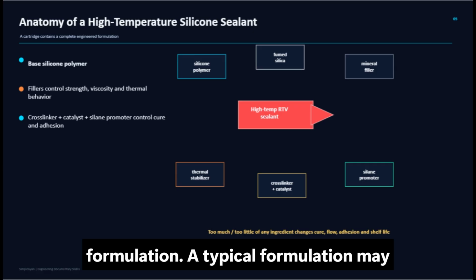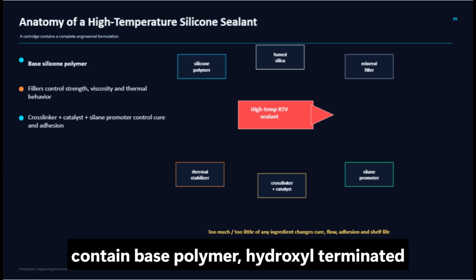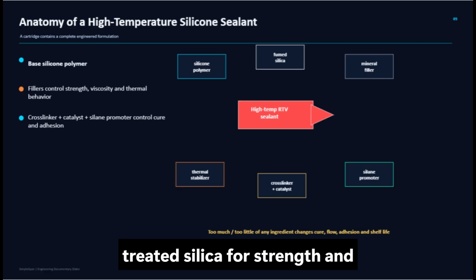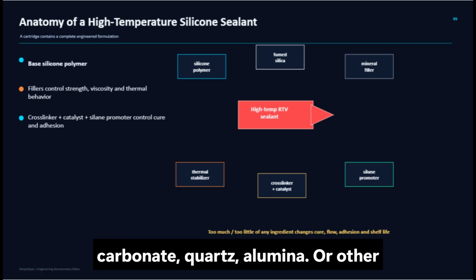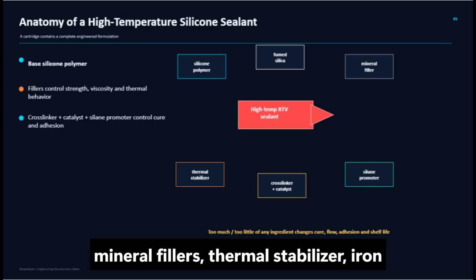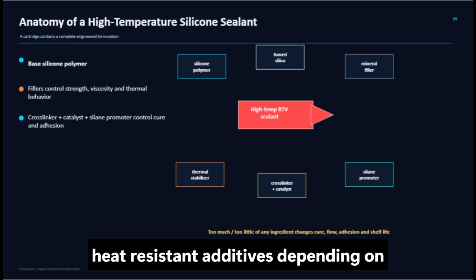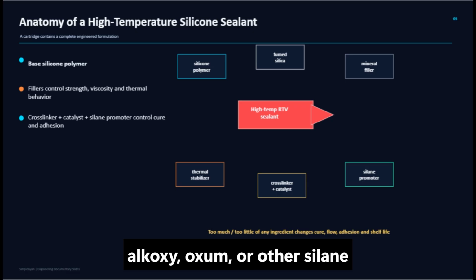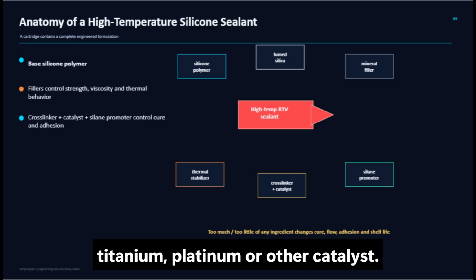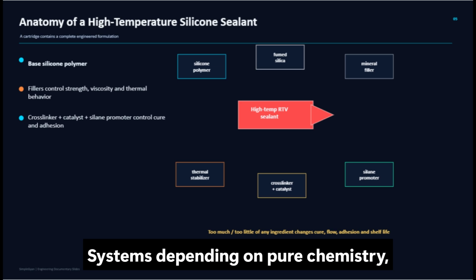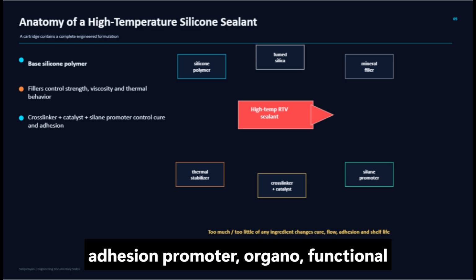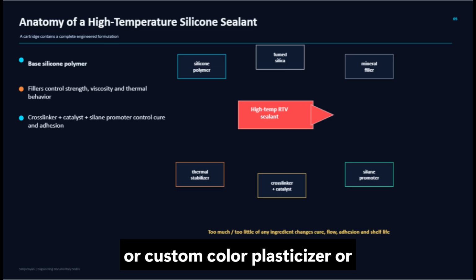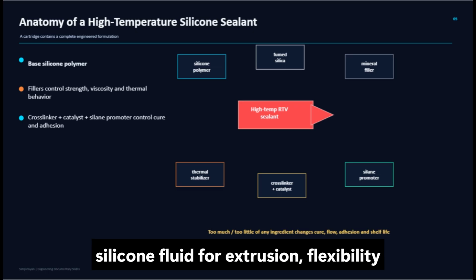A typical formulation may contain: base polymer, hydroxyl-terminated or functional silicone polymer; reinforcing filler, fumed silica or treated silica for strength and thixotropy; extending filler, calcium carbonate, quartz, alumina, or other mineral fillers; thermal stabilizer, iron oxide, cerium compounds, or other heat-resistant additives, depending on product design; crosslinker, acetoxy, alkoxy, oxime, or other silane-based curing agents; catalyst, tin, titanium, platinum, or other catalyst systems depending on cure chemistry; adhesion promoter, organofunctional silane; pigment, red iron oxide, black carbon, gray mineral pigment, or custom color; plasticizer or silicone fluid, for extrusion, flexibility, and workability.